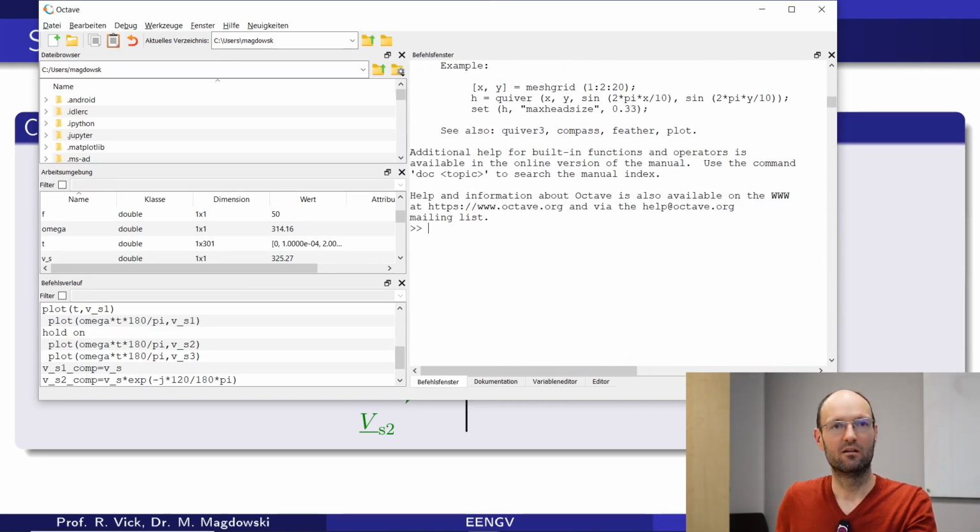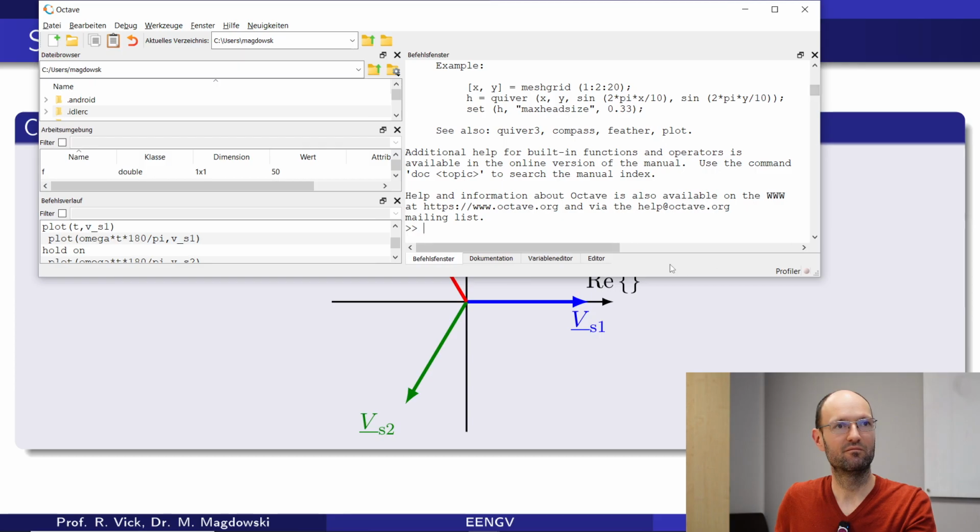So if we want to draw the first one, which starts at 0 and 0, and this ends at, as we just said, the real part of this and the imaginary part of this.